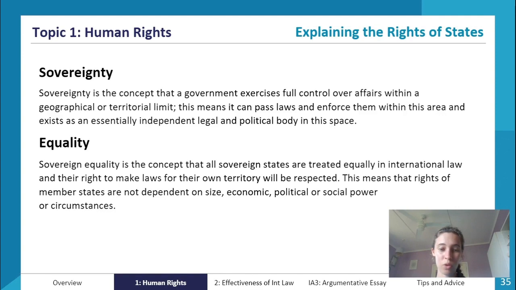So just because a country might be larger or wealthier, or anything like that, doesn't mean that it has any more rights or any different rights to any other state, any other nation. So, yeah, that idea of we're all equal, sovereign equality.